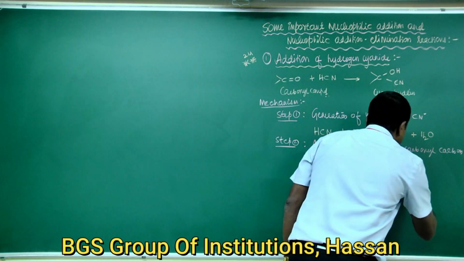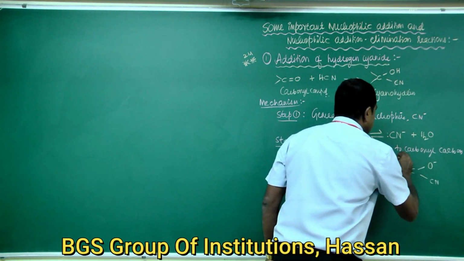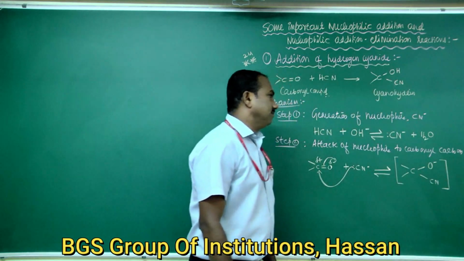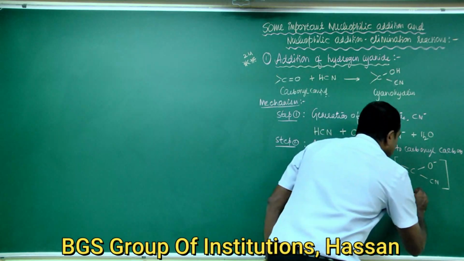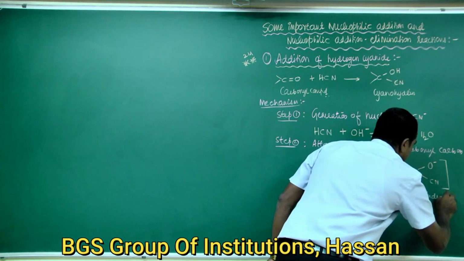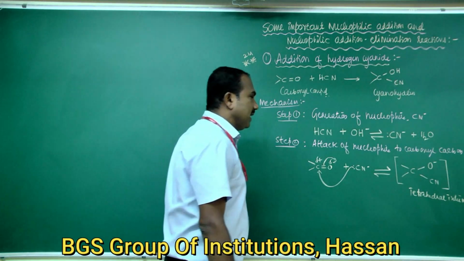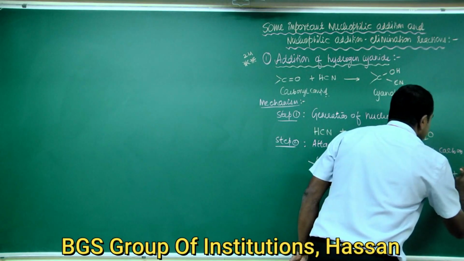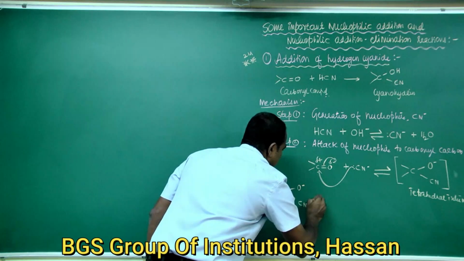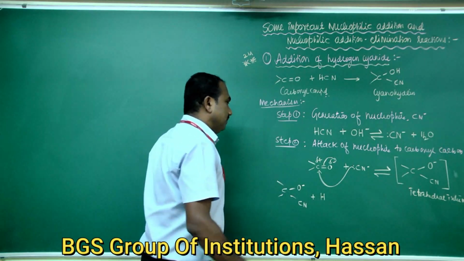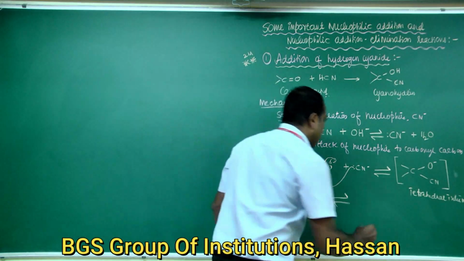The tetrahedral intermediate is C with O minus and CN. This is the tetrahedral intermediate. It is then attacked by, that is abstracts, a proton H plus from the reaction mixture to form cyanohydrin.